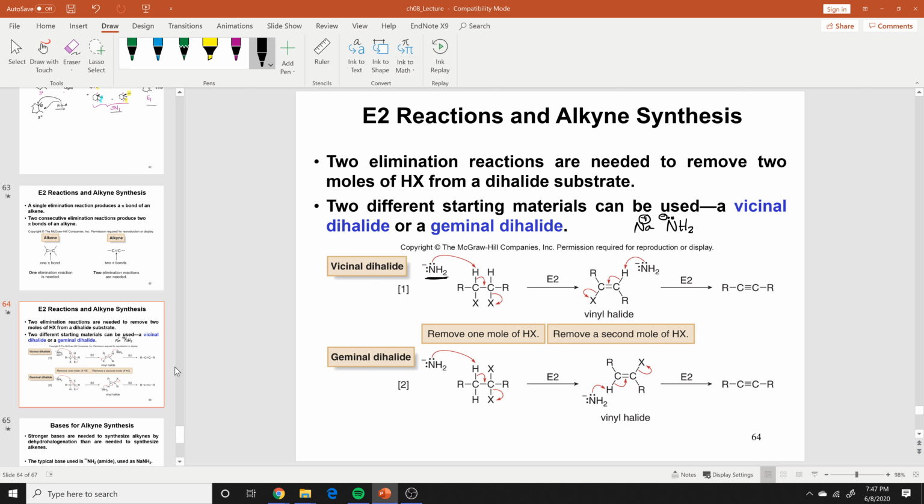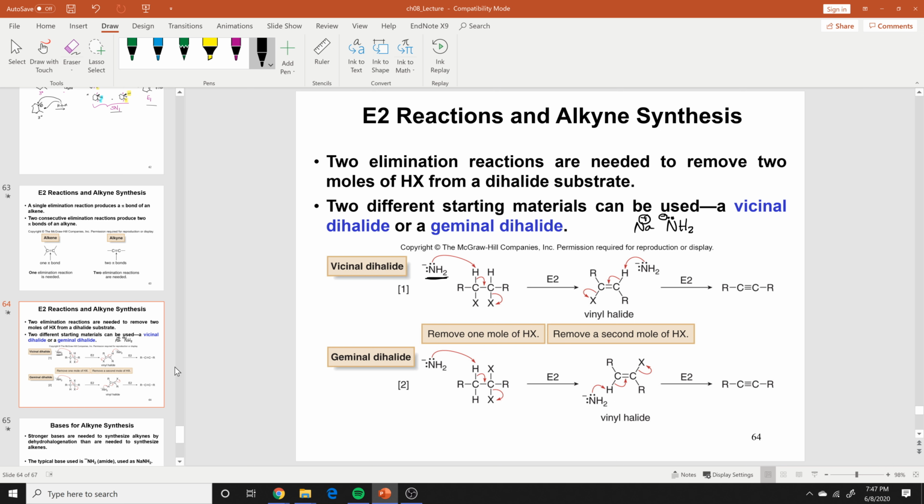It is a nitrogen base, so it is very basic, and it's a convenient base to use in these types of reactions. Since it's negative, it is strong, so the mechanism is going to proceed by E2. You can make triple bonds either by starting with dihalides that are on adjacent carbons, we call them vicinal, or they are on the same carbon, we call them geminal.